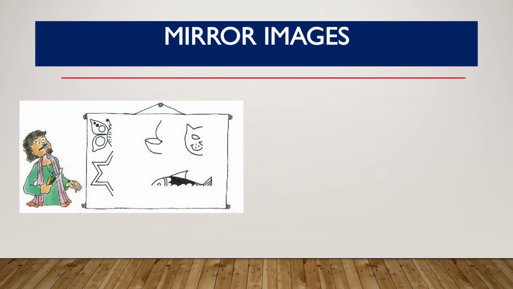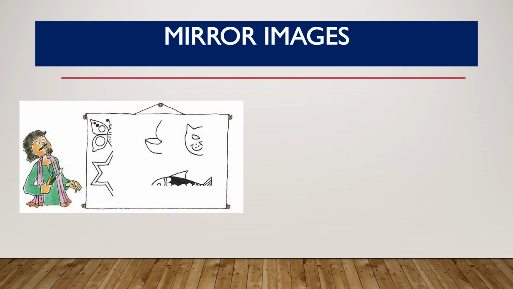Having learned about different views and patterns, the next topic is mirror images. Here, the exercise requires us to draw a mirror image of these shapes. Whenever you put something against the mirror, you will notice that you will get the exact reflection of the object.